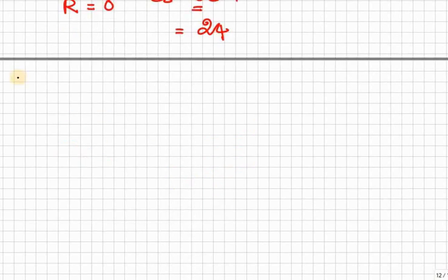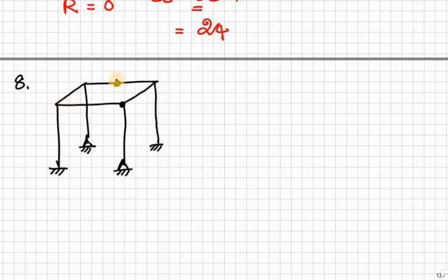So next problem, again in space, but with internal hinges. That is one joint hinge, one internal hinge. Therefore, we have only one closed loop. A is equal to 1. Capital R is equal to 2 fixed supports, 2 hinge supports.